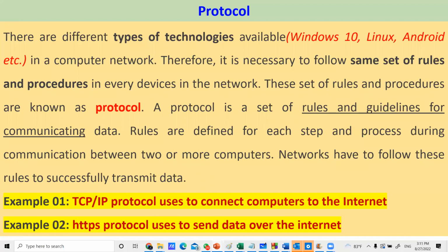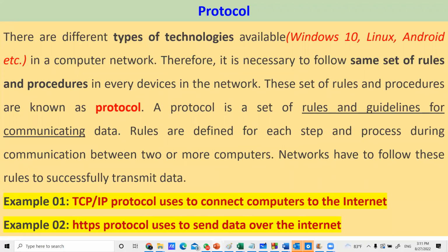Then another protocol here is HTTP. HTTP stands for Hypertext Protocol. This one is HTTPS, Hypertext Protocol Security. Without the S, it is HTTP, Hypertext Protocol. Your website has more security if you are using the HTTPS protocol.